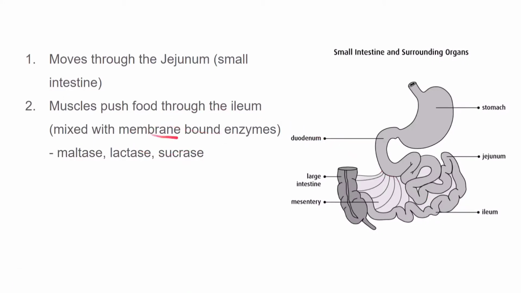And these membrane-bound enzymes are enzymes attached to the lining of the ileum, where the food molecules pass through and are hydrolyzed on the lining of the intestine. And these membrane-bound enzymes are maltase, lactase, and sucrase. And as we know, these will digest our maltose, lactose, and sucrose, which are disaccharides.